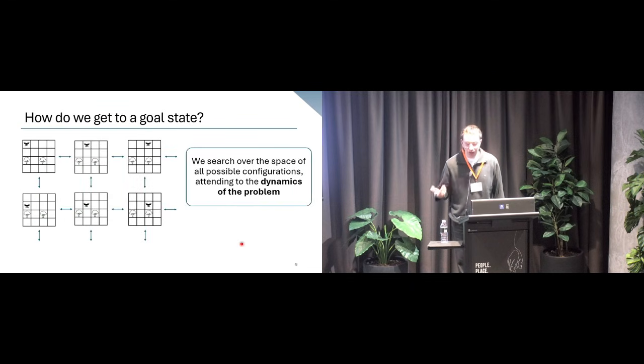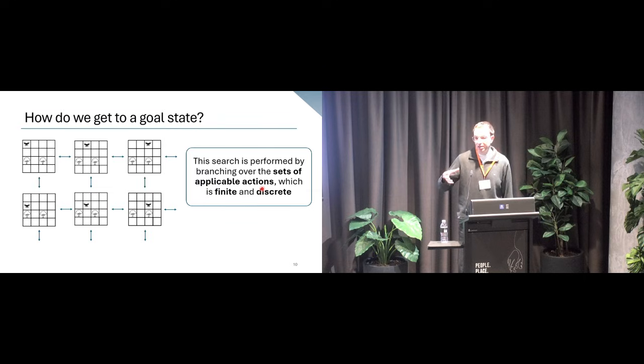So how do we actually get to a goal state in numeric planning? We search, as in planning in general, over the space of all possible configurations of the problem, attending to the dynamics of the problem. The search is usually performed by branching over the set of all applicable actions of the problem, which is usually finite and discrete.